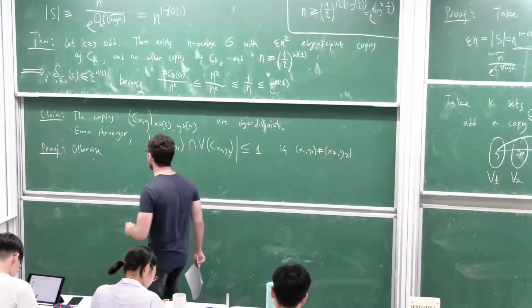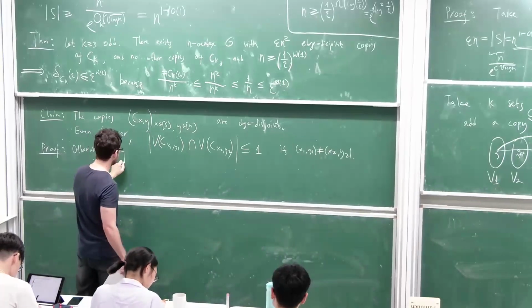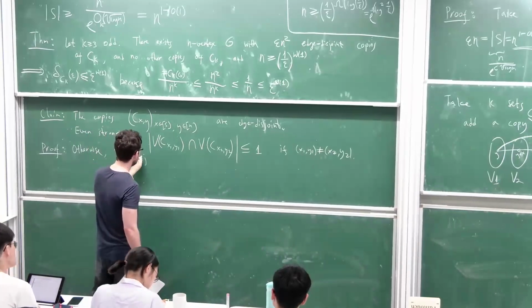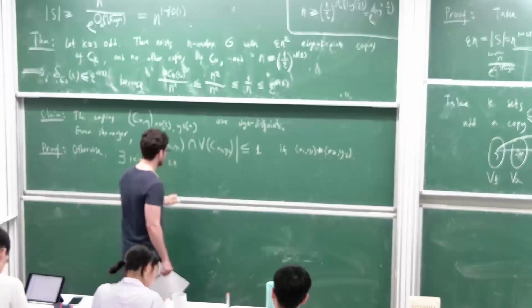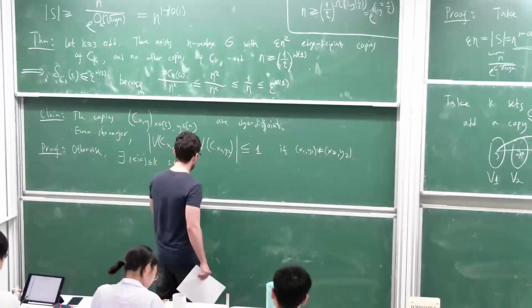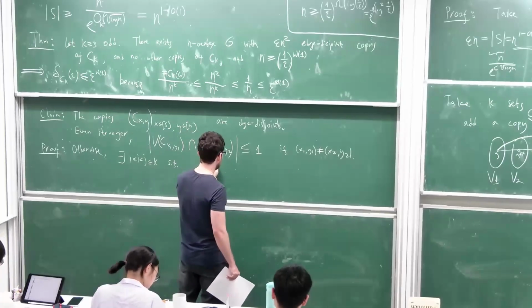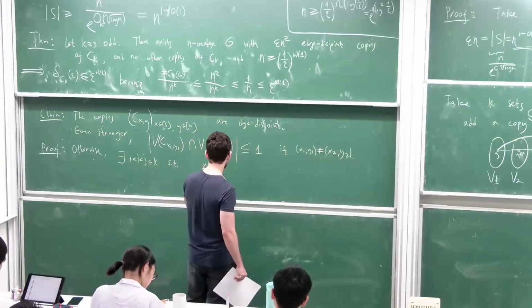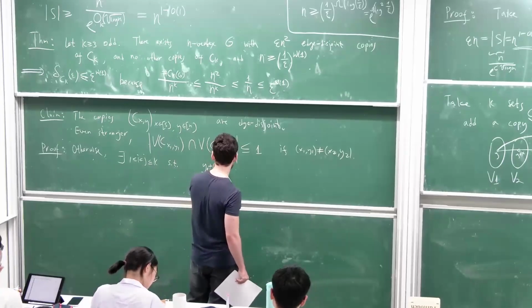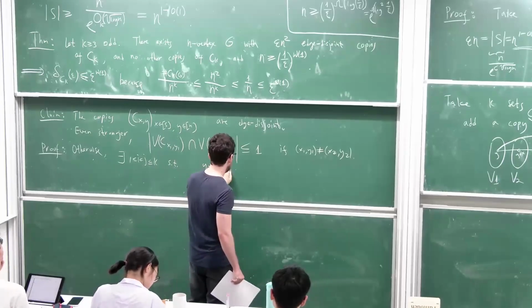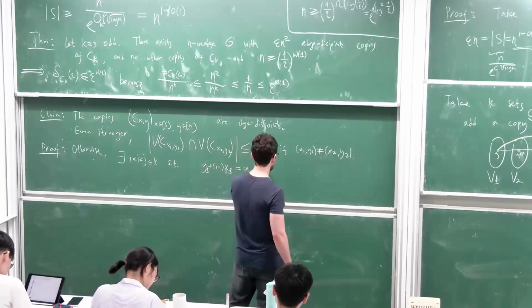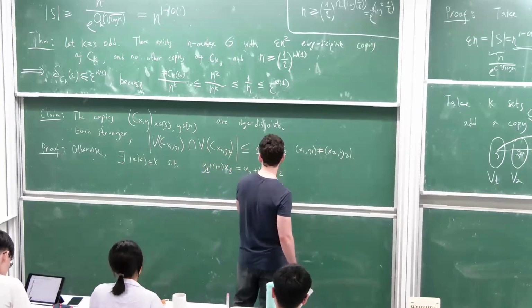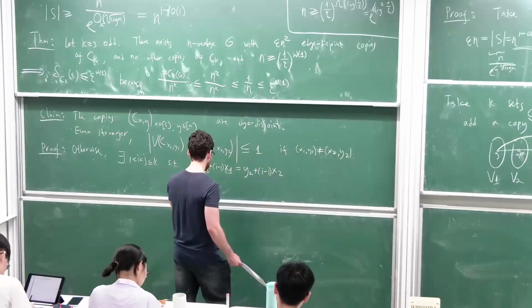So there exist some i and j in [k] such that y1 plus (i minus 1) x1 is equal to y2 plus (i minus 1) x2, and also the same for j.